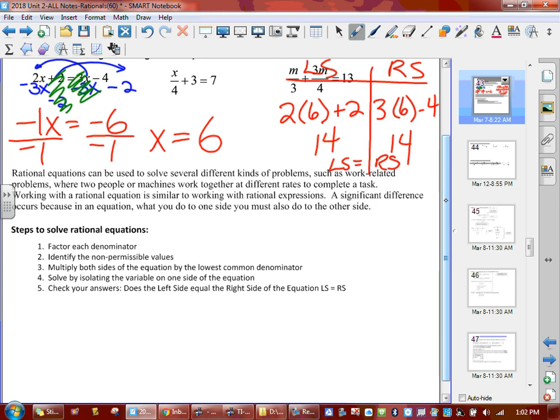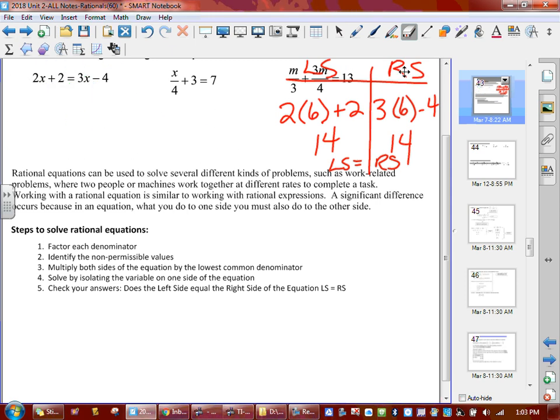I would times the 4 out to remove it from the bottom. But I must do it to every term. So that means I'm going to times the 3 by a 4, and I'm going to times that 7 by a 4. So if I multiply one thing by 4, I've got to multiply them all by 4. It just so happens it removes that 4 off the bottom, which we like.